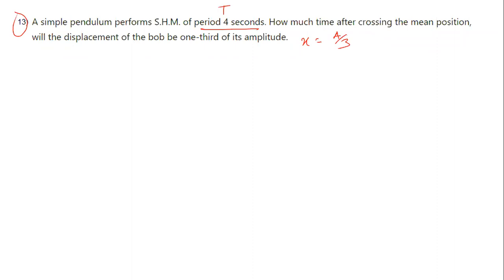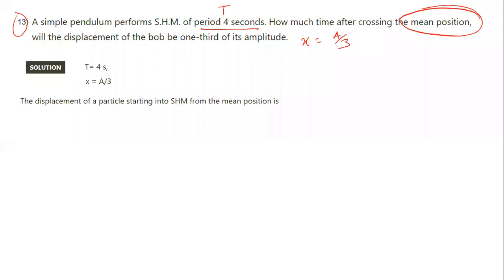So after crossing the mean position, we start with the displacement formula. If the particle starts from the mean position, displacement is given by x is equal to a sin omega t. So displacement of a particle starting SHM from the mean position is given by this formula.